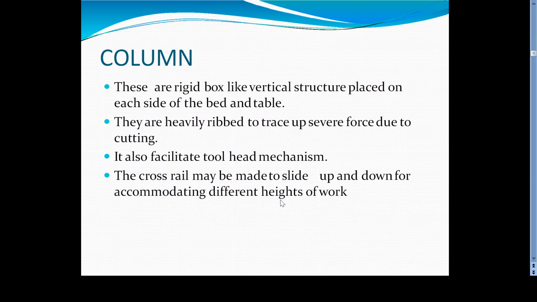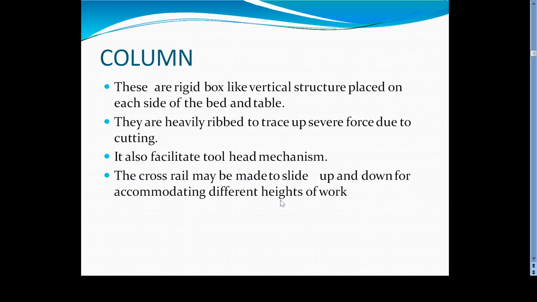Column. It is the housing of the machine, the vertical structure placed on each side of the bed, sometimes on one side of the bed. They are heavily ribbed to resist the severe force due to cutting. As it is a robust machine, the column is very strong to accept all types of forces and vibrations.